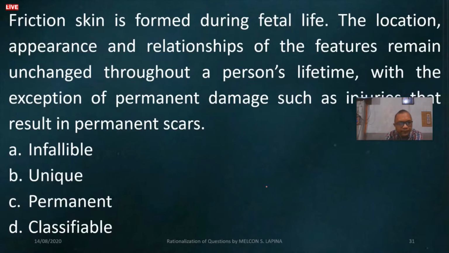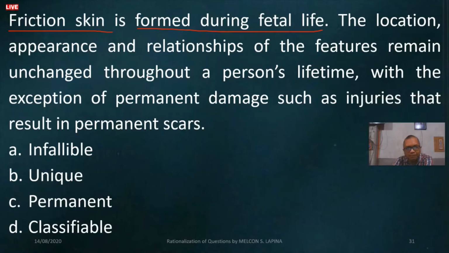Continue with 31. Friction skin is formed during the fetal life. The location, appearance, and relationships of the features remain unchanged throughout the person's lifetime, with the exception of permanent damage such as injuries that result in permanent scars.